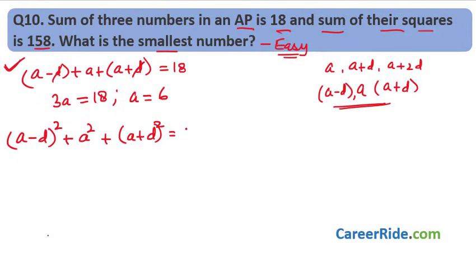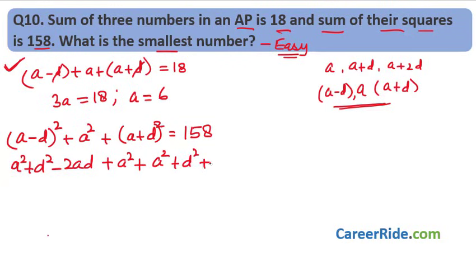It is equal to 158. Okay, so can I open the brackets? Yes, just simple formula application. a square plus d square minus 2ad plus the second term a square plus opening the third bracket, that is a square plus d square plus 2ad. Right, this is equal to 158.